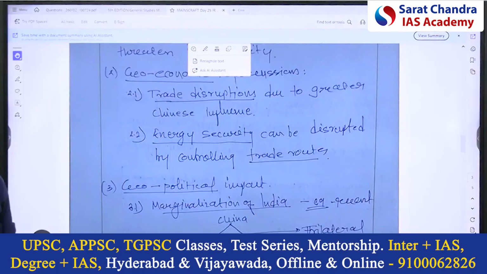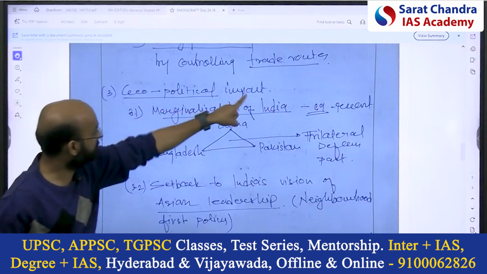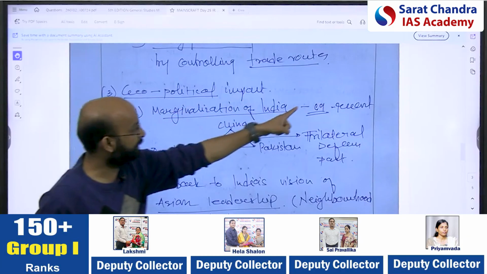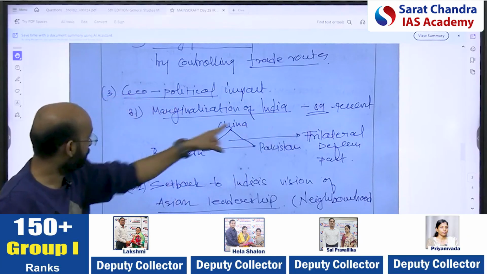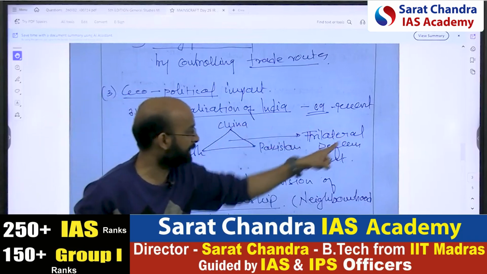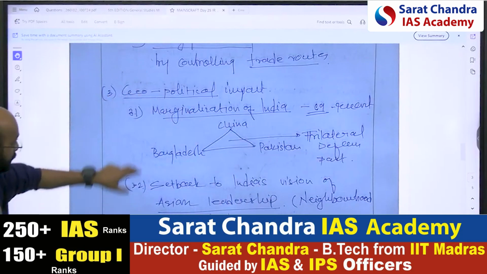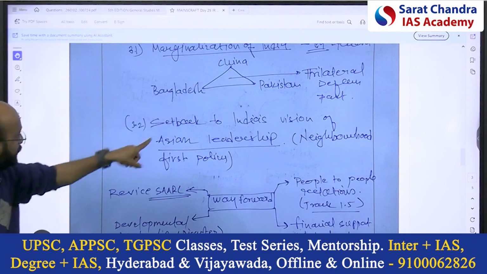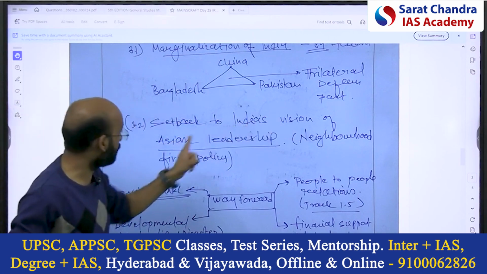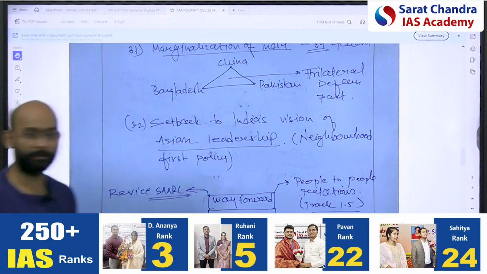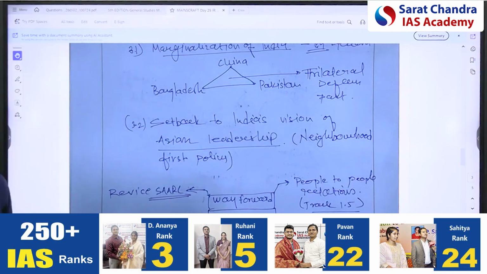See the dimensions I have given, the frame template; I am following the same. Then the geopolitical impact: marginalization of India in the neighborhood. Example, the recent China-Bangladesh-Pakistan trilateral defense pact. This is a political setback to India's vision of Asian leadership and neighborhood first policy, because China is dominating.